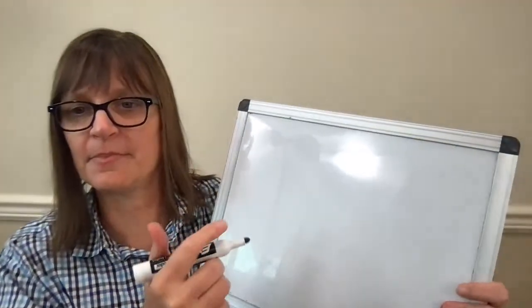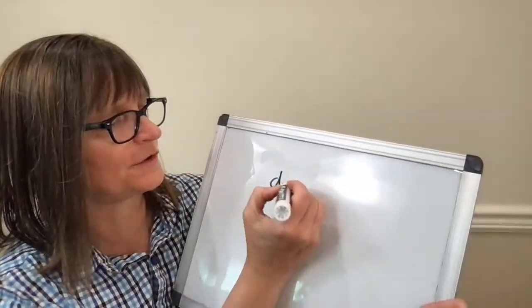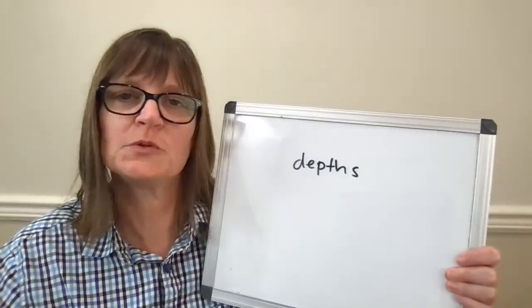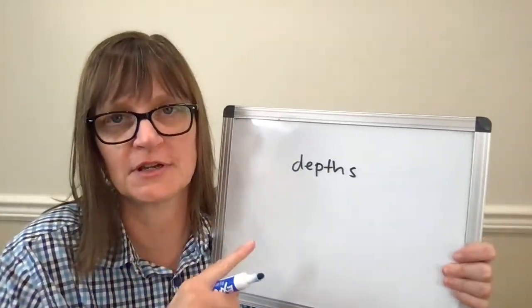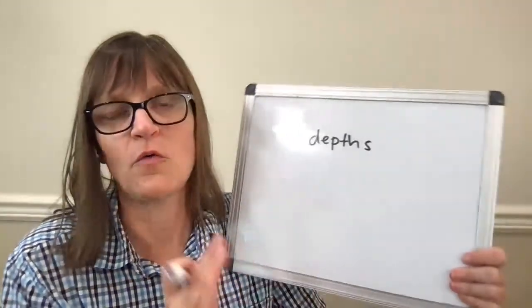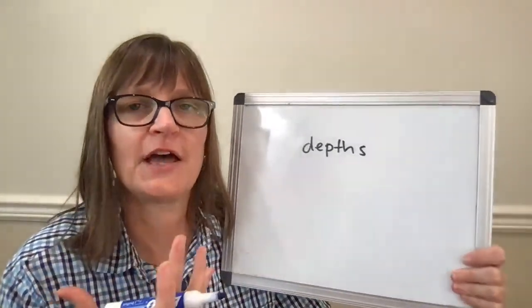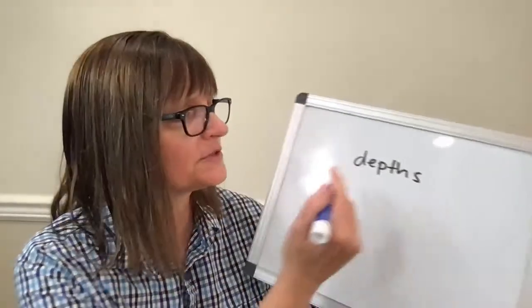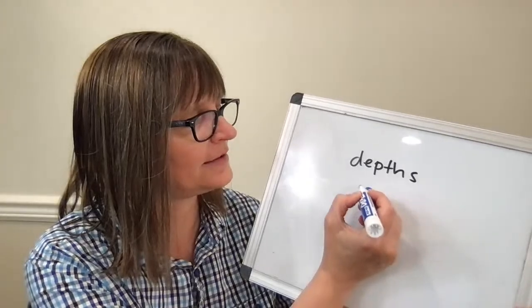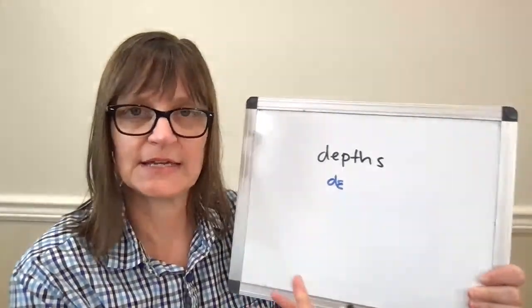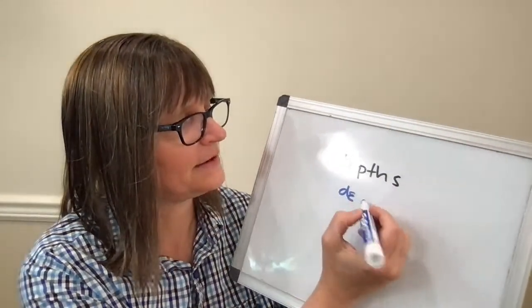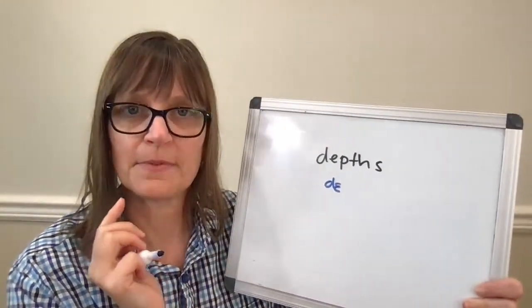Okay, thank you. We have a request for the word depths. That's a tough one. What's tough about this word is just that we have so many consonants together at the end. For a word like depths, I like to help you build it by adding those consonants one at a time. So we have our red tent vowel, de, like the word dead or definitely. And then depths.